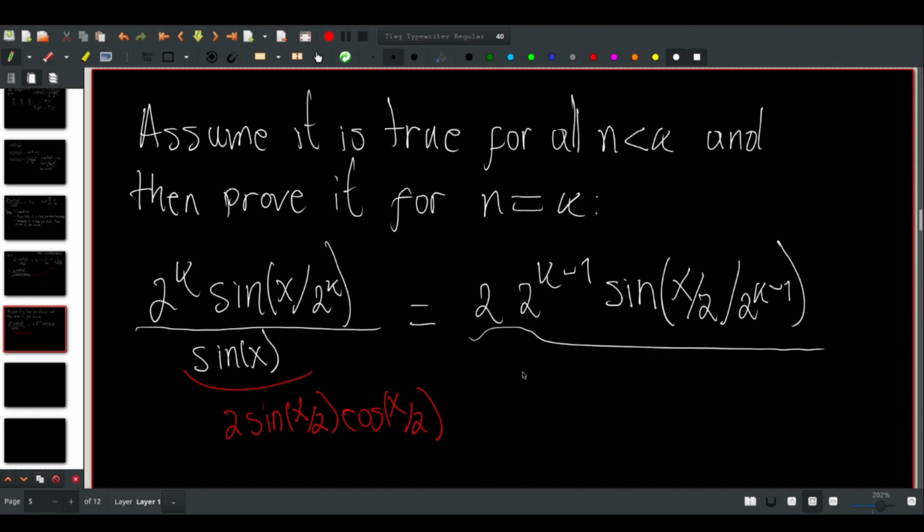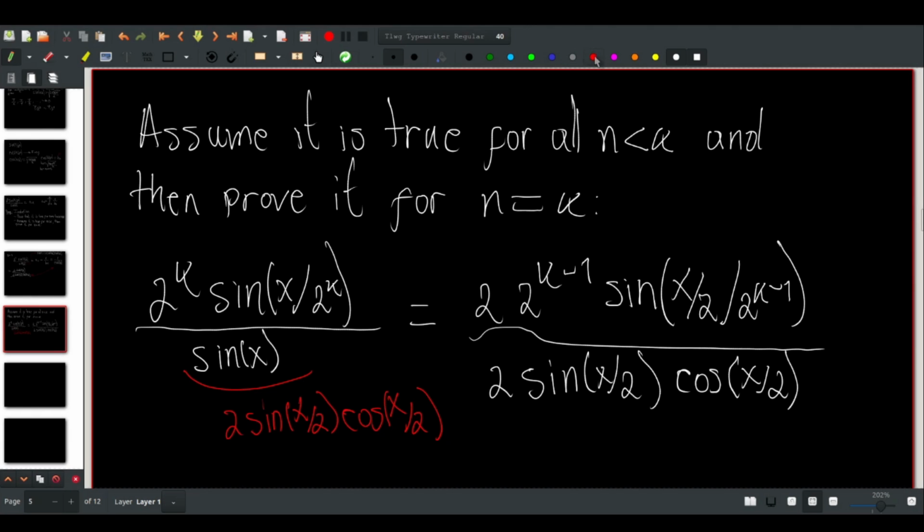Now we also have in the denominator a 2 that cancels among these two. Well, I'm going to do it later. 2 times 2 the sine of x half times the cosine of x half. Right, perfect. So okay, the first thing is the cancellation between these two and these two, and then here's the key part.